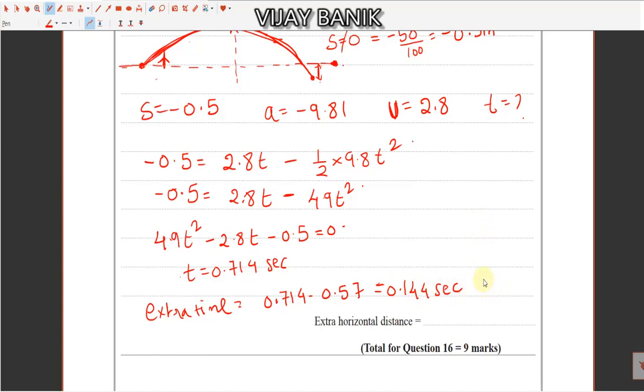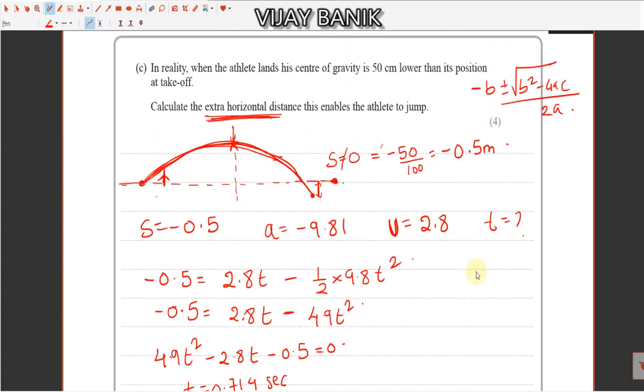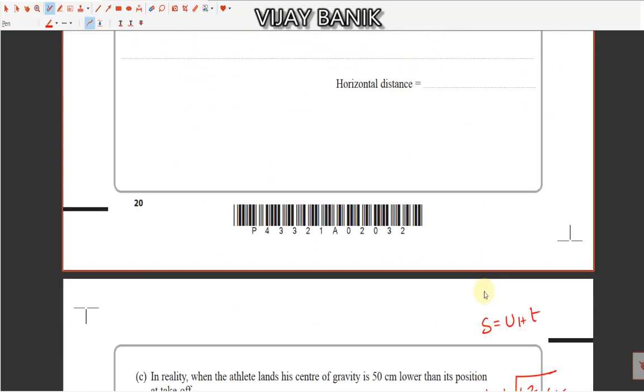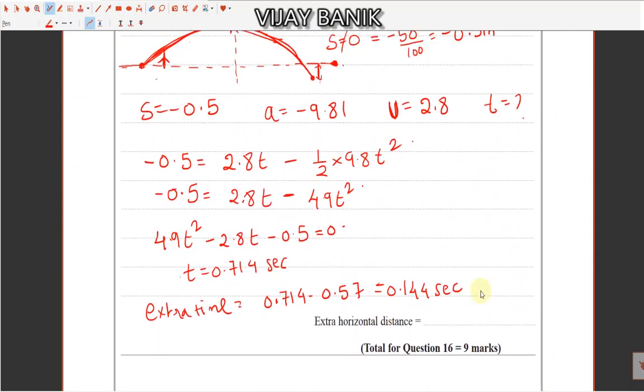Now, because of the extra time, he has traveled some extra horizontal distance. But remember, horizontal velocity did not change. Horizontal velocity is still 8 meter per second. I'm doing it in a different color so that you guys don't get confused. S equals u into t.